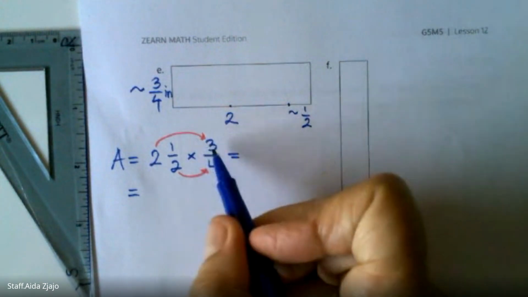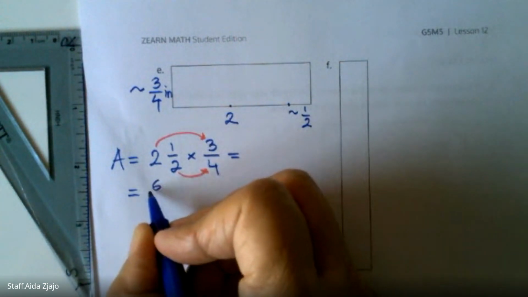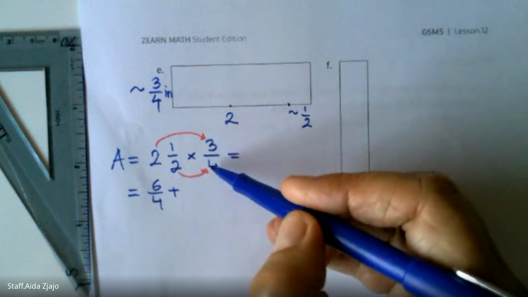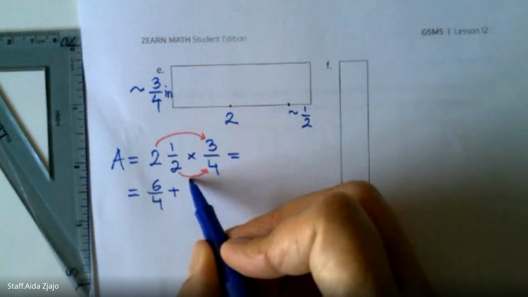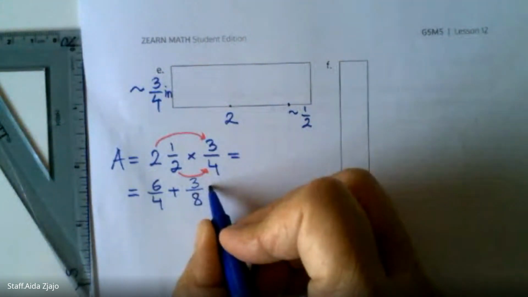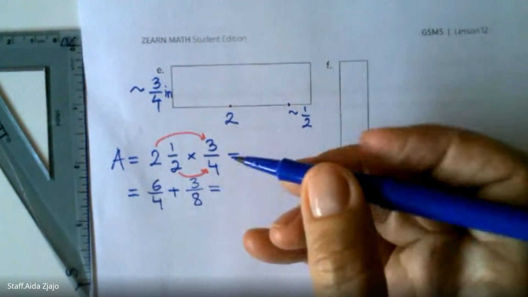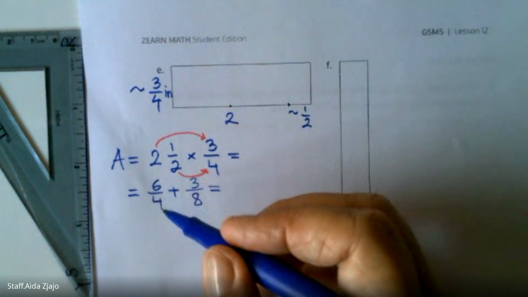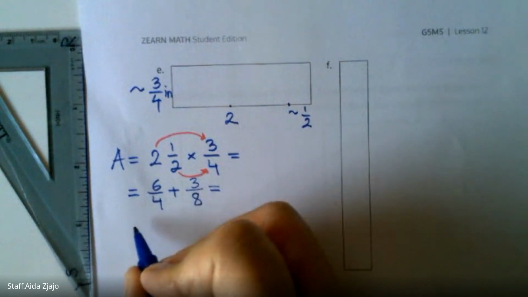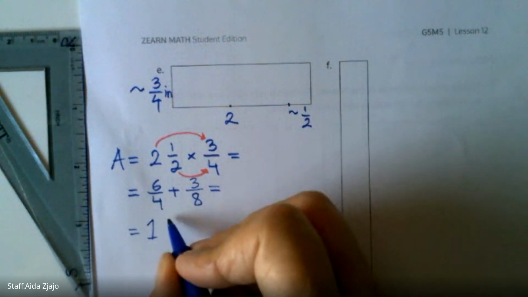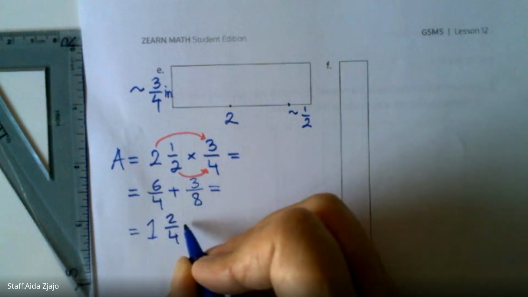Okay, so 2 times 3/4 is 6/4, and 1/2 times 3/4 is 1 times 3 is 3, 2 times 4 is 8. So we got that. Now 6/4 already has a whole in there, so this becomes 1 whole and 2/4.